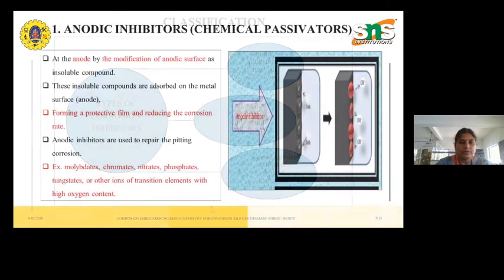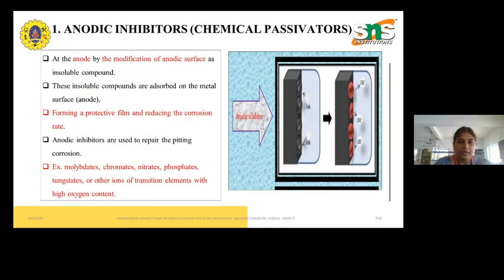Let's check the first one, anodic inhibitors, which are also called chemical passivators. Alkalis, molybdates, chromates, nitrates, phosphates, tungstates, or other ions of transition elements with high oxygen content act as anodic inhibitors.